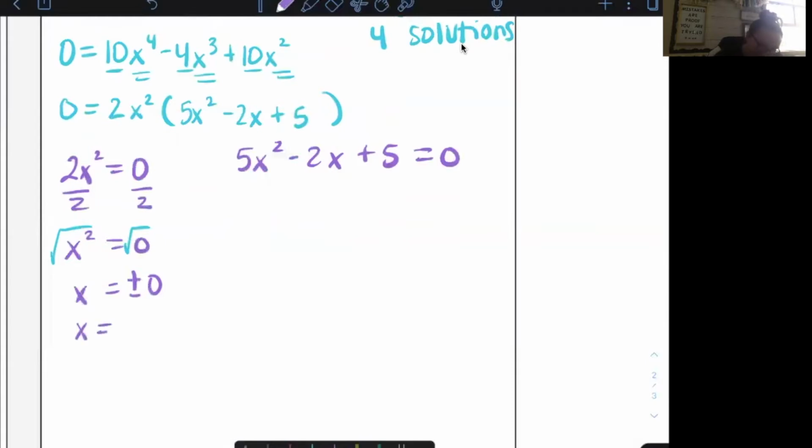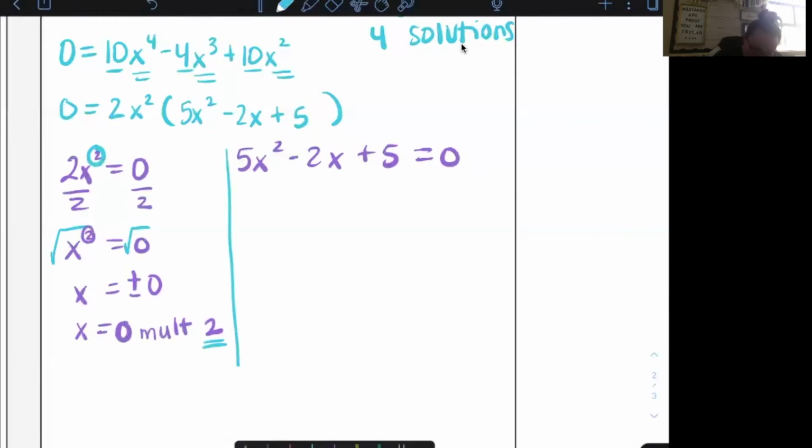So then x equals 0. But because it was x squared equals 0, that means that this has a multiplicity, and we can shorten that by just writing multiplicity 2. So x equals 0, multiplicity 2. And I know that because I started with a degree 2, so this answer happens twice.